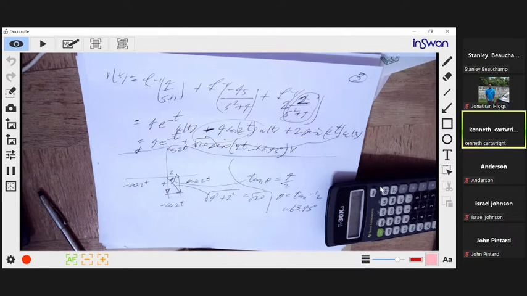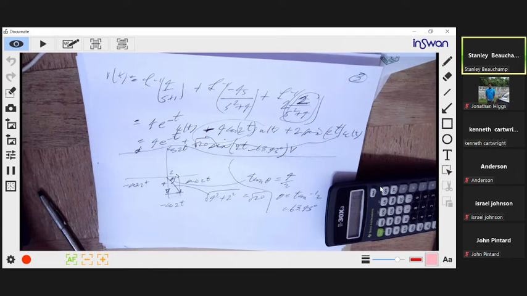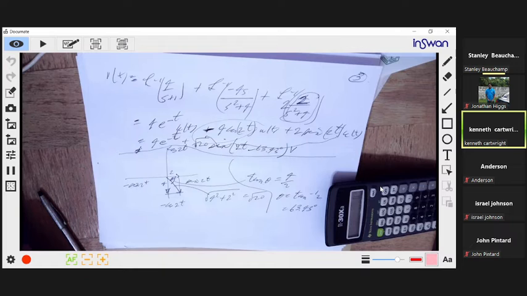What would the angle be? Angle will be, let me subtract that first. 63.43. Angle will be 26.57. Absolutely not. No? Totally wrong.